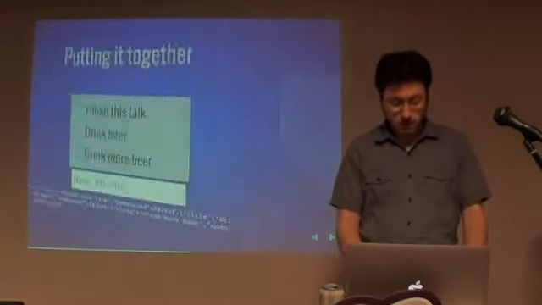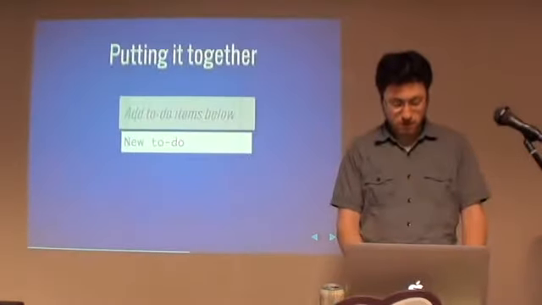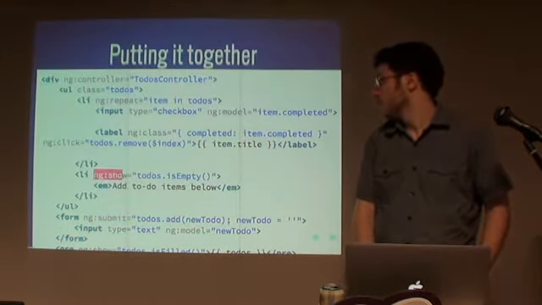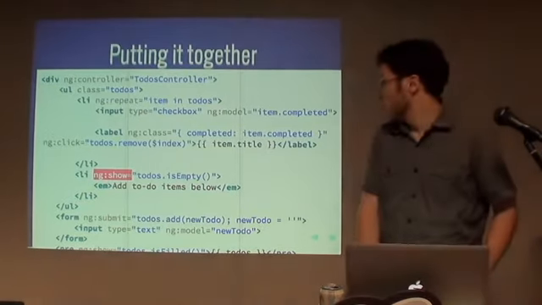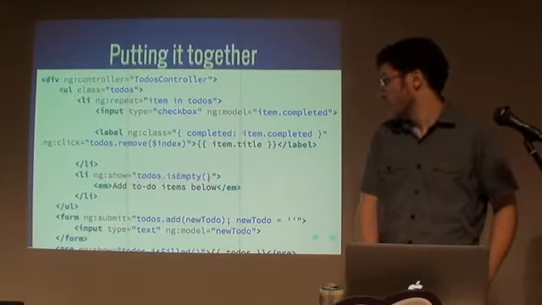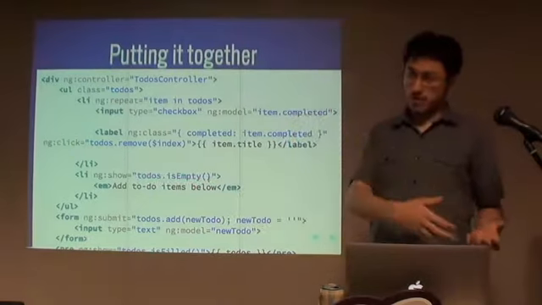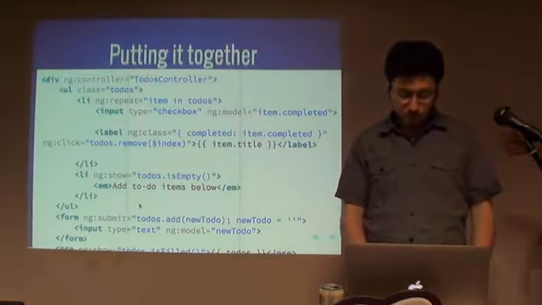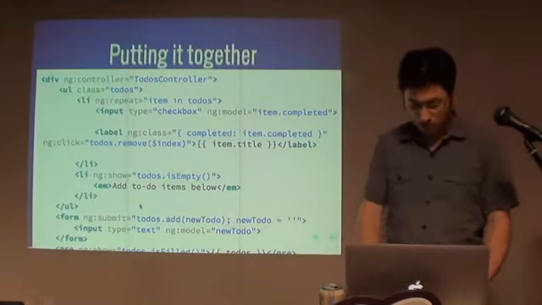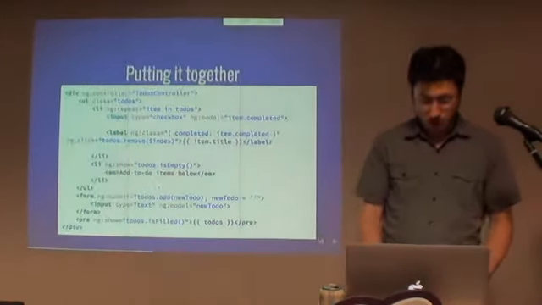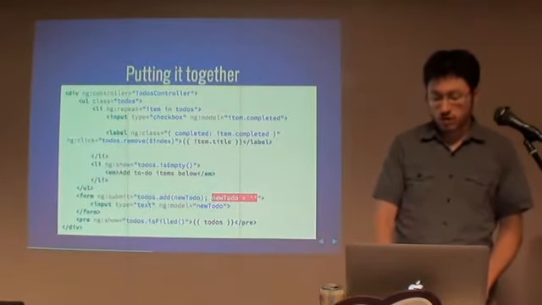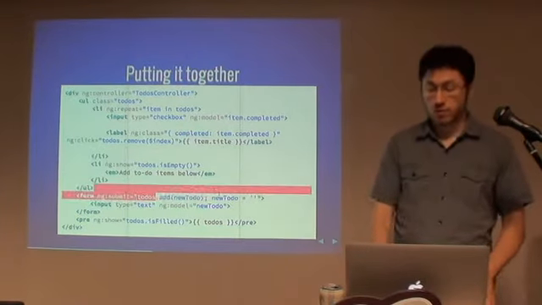Finally, if the list is empty, it will show us a message telling us to add items. This directive evaluates this expression and shows the element if it is true, otherwise it hides it. And the form creates a value called new to-do, which is added to the to-do list when the form submits.